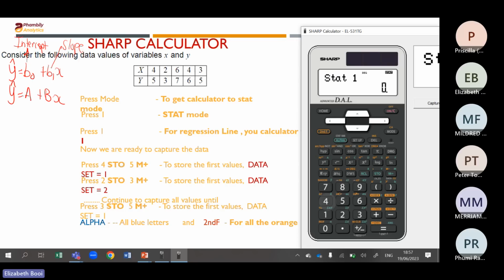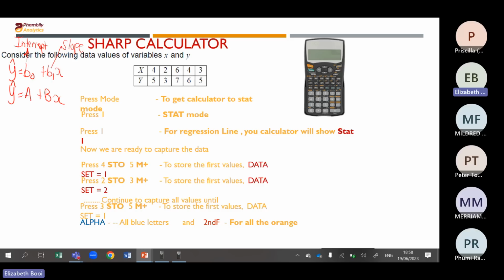5 M plus, and then you say 2 store 3, M plus, 6 store 7, M plus, and you say 4 store 6, M plus, 3 store 5, M plus, and it will say I've got 5 data sets, 1, 2, 3, 4, 5.